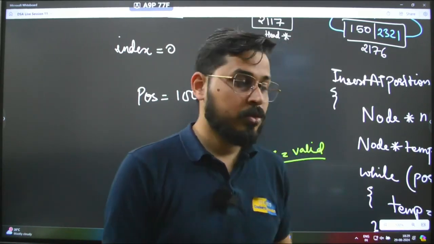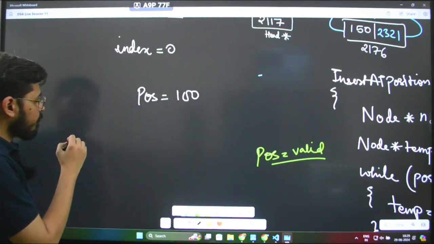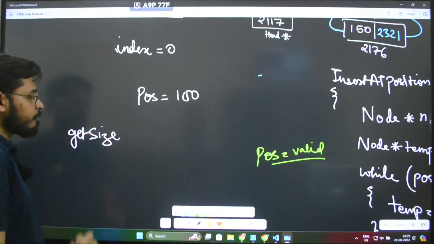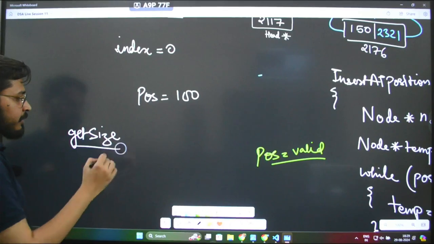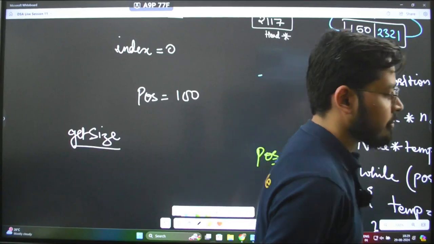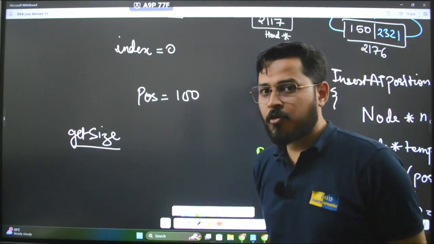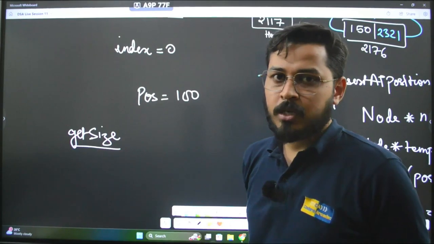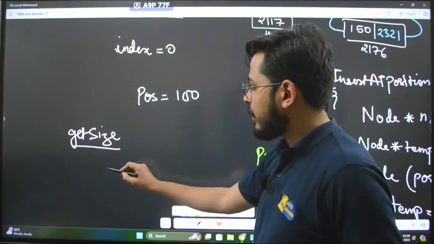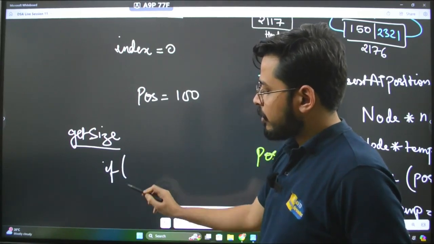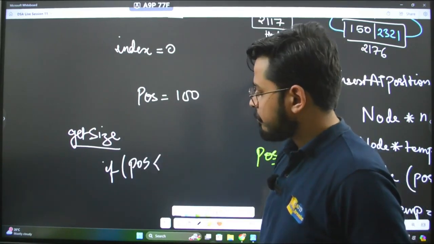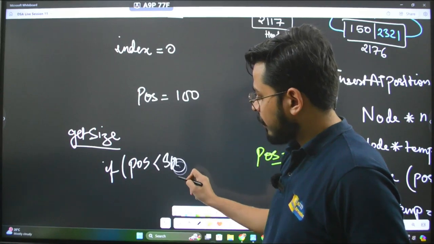We need to create another function which calculates the size of the linked list, get size, which will traverse and calculate the size of the linked list. And later on, based off of that size, you will check if the position which the user has entered is lesser than the size of the linked list.